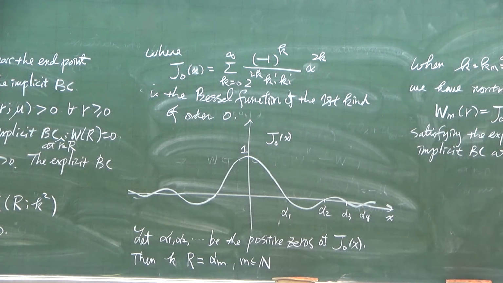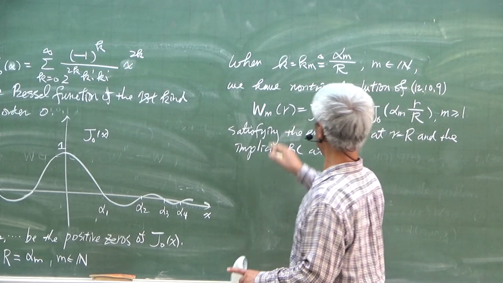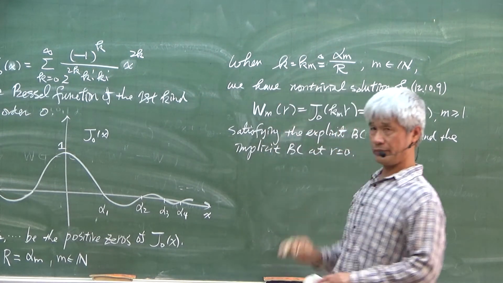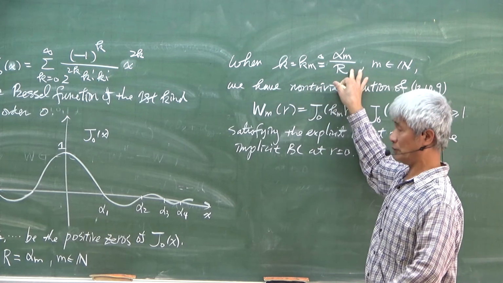Okay, so we find solutions satisfying the two boundary conditions. Okay, so this is our solution. And we know we have non-trivial solutions only if k is equal to k_m, if it's equal to this number.